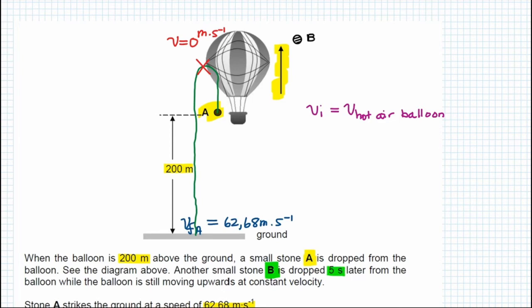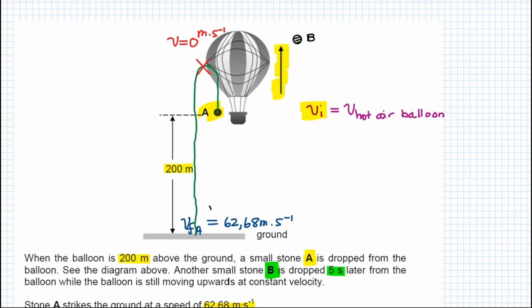Since this stone starts off with a velocity equal to that of the hot air balloon, it may be useful for us to calculate its initial velocity, because if we calculate its initial velocity, then we can calculate the velocity, or the speed rather, of the hot air balloon.